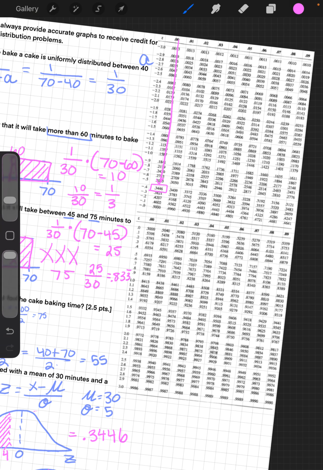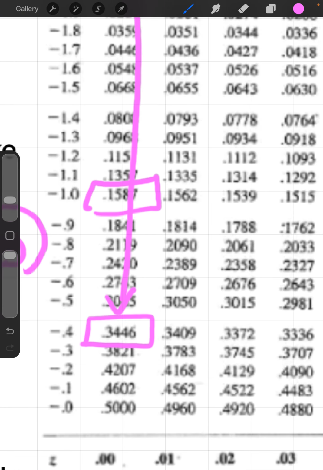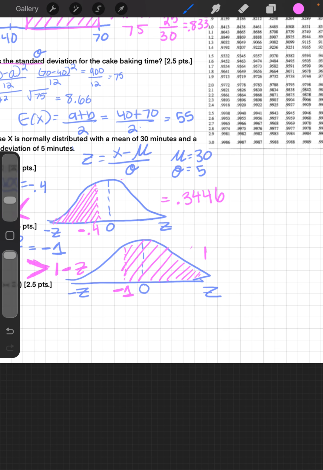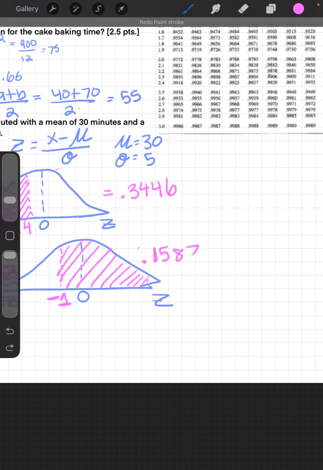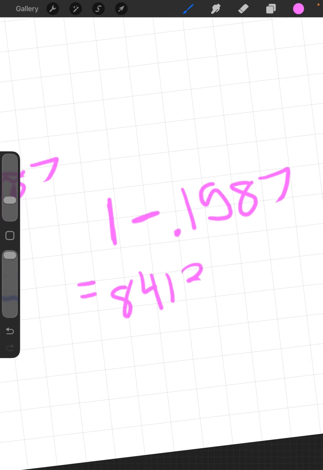Negative 1 is right here. 0.1587. That's our z-score, and now we have to subtract 1 minus 0.1587 will equal 0.8413.